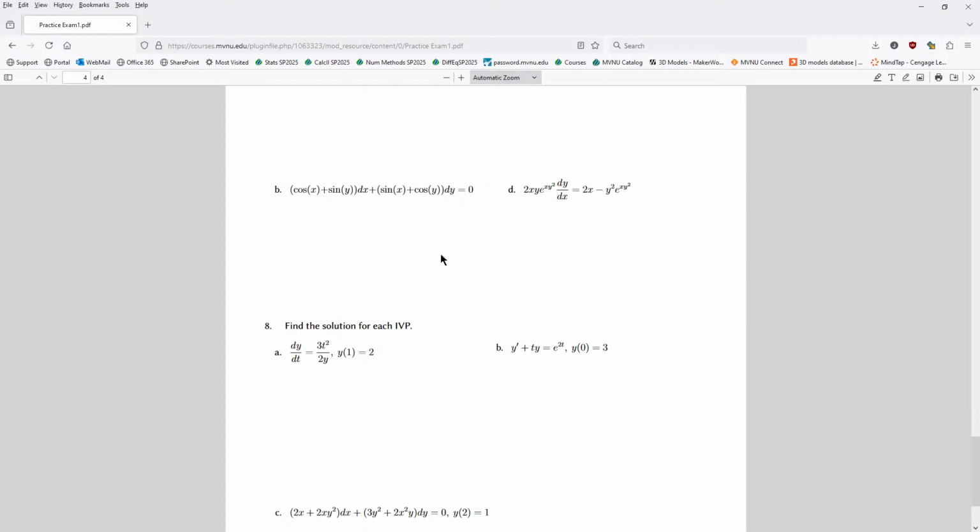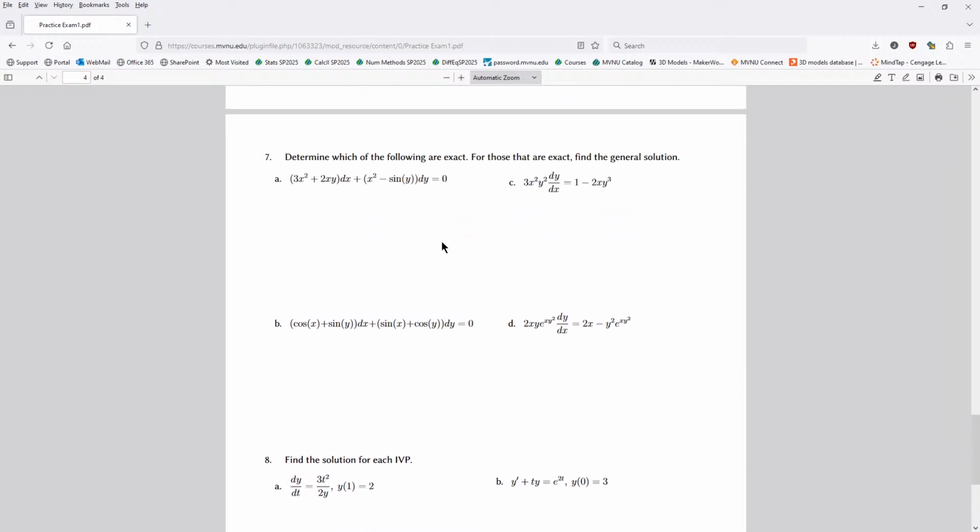And where are we? So I believe that we have done all of this. You could do all of it except for this one and this one. No, that one's in the same category as this. Sorry, I mislooked.